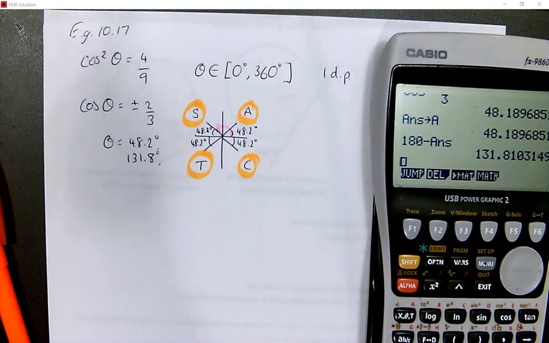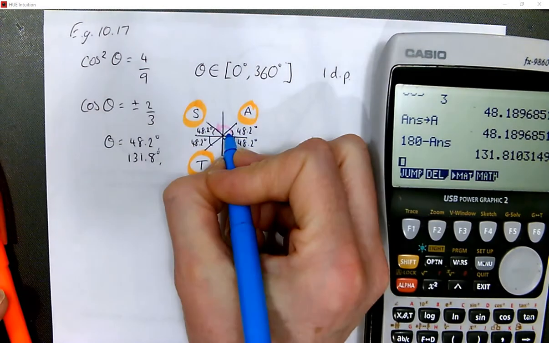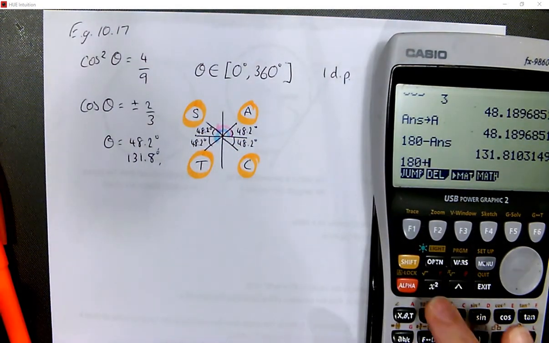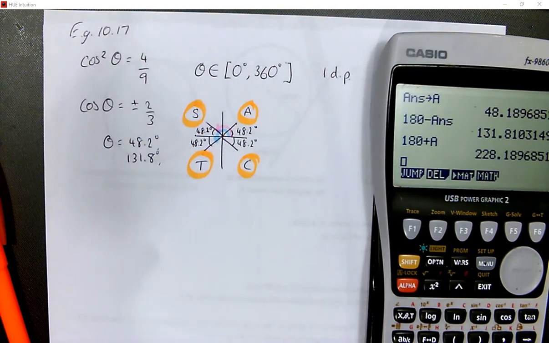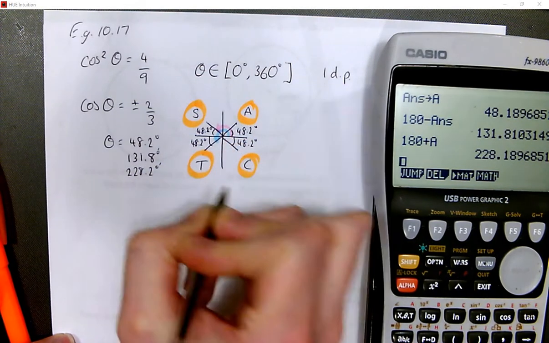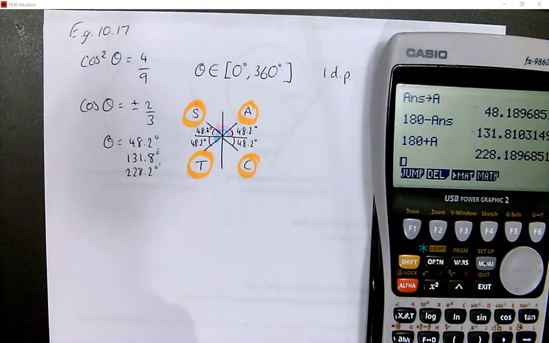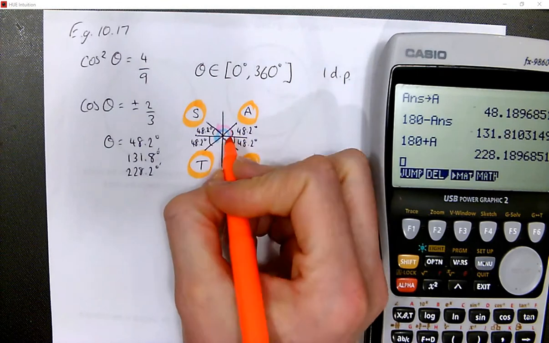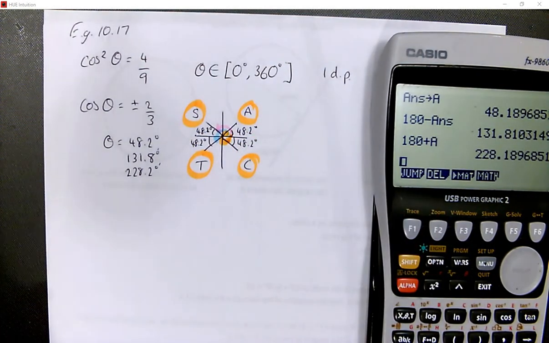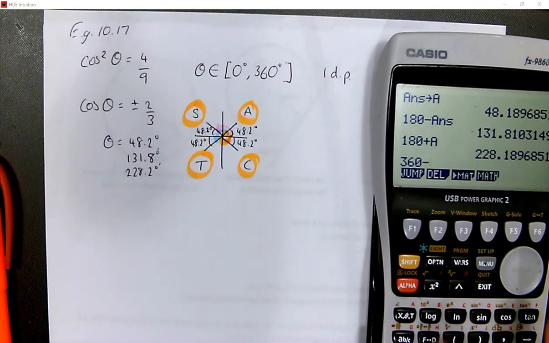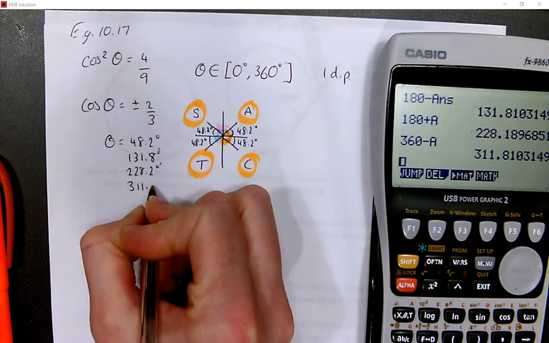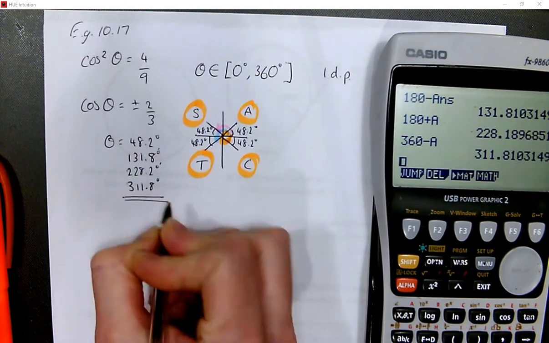Okay, and then the next one, we're going to get round to 180 plus 48.2. So that's 228.2. And then finally, we're going to get all the way around to 360 minus 48.2. So our final answer is 311.8 degrees.